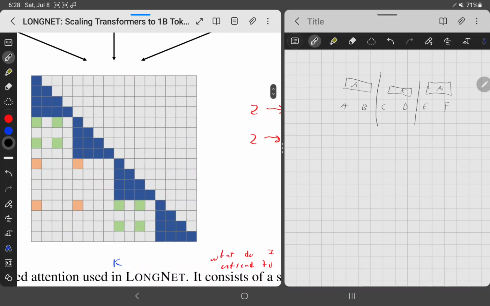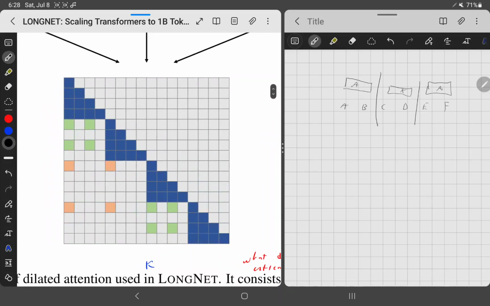So the idea is if you have a sentence, then local information should attend to each other. That's very important, the local area, but global information should be attended to over time.